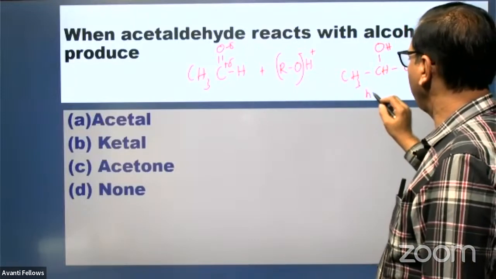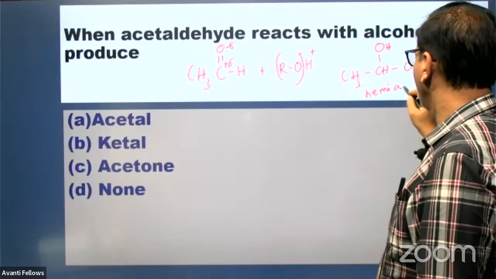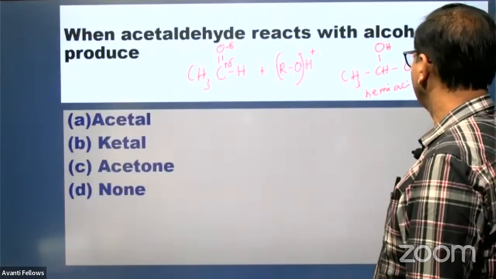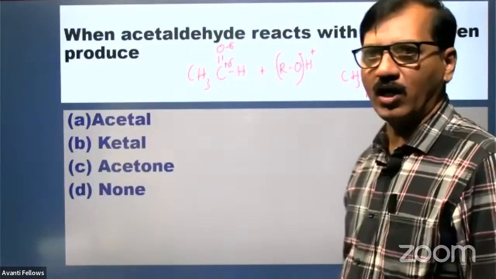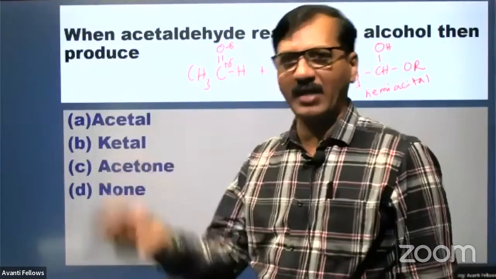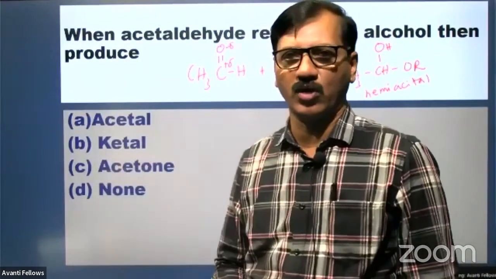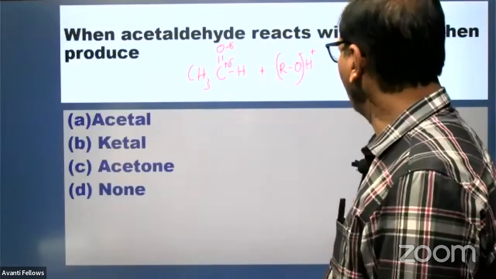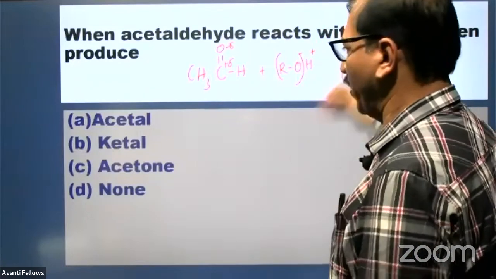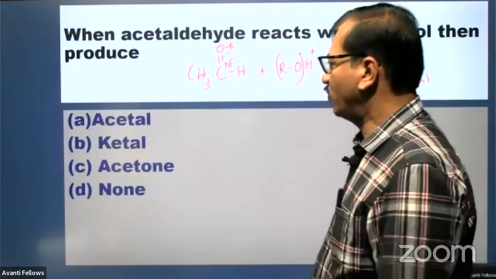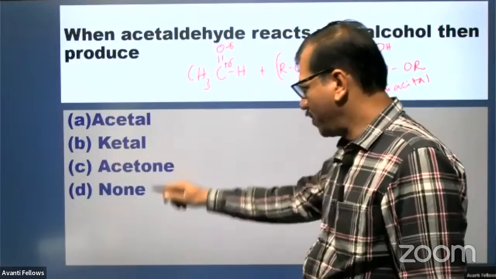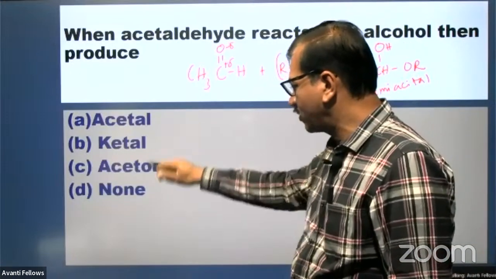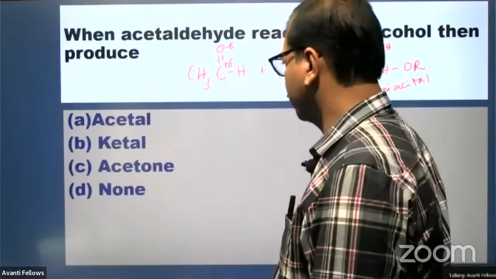This is called hemiacetal. So with alcohol, it will produce hemiacetal and acetal. Further, it reacts with one more ROH and produces two OR groups, with elimination of water. Hemiacetal is not there in the options, acetal is the only one, therefore that could be the answer.